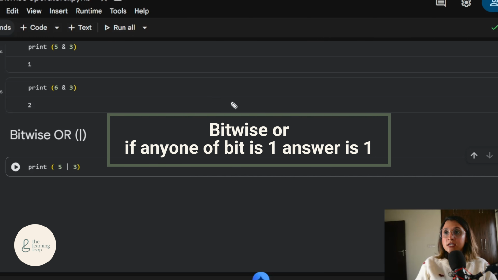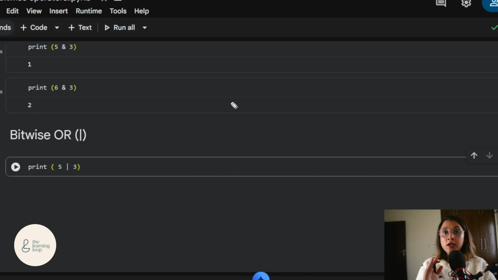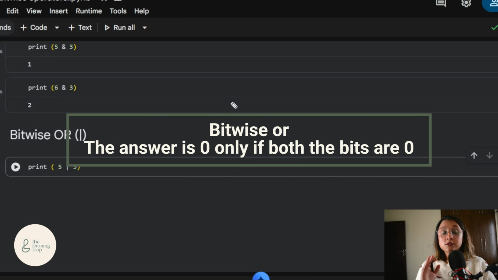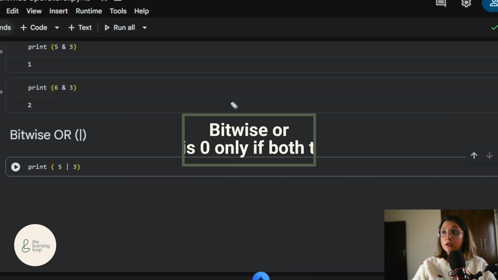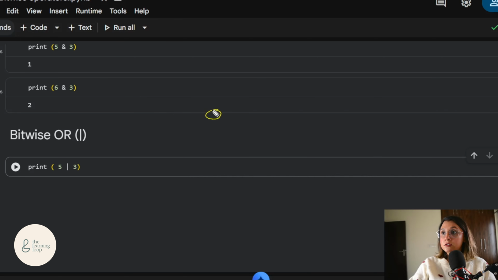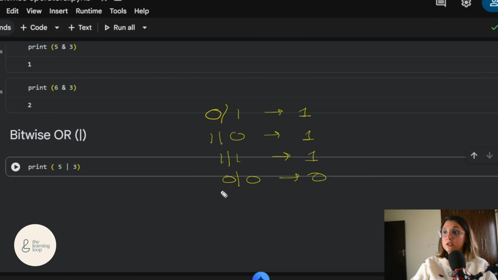Bitwise OR says if any one of the bits is 1, the answer would be 1. The only time the answer would be 0 is when both the bits are 0. Which means if I do 0 or 1, the answer would be 1. 1 or 0, the answer would be 1. 1 or 1, the answer would be 1. And 0 or 0, the answer would be 0. The only time the answer would be 0 is if both the bits are set to 0.